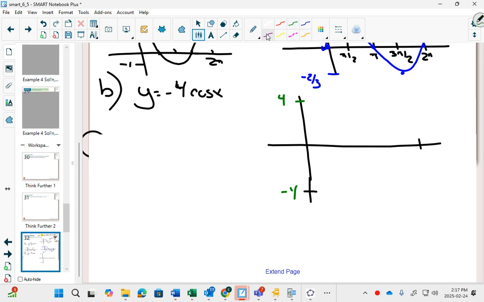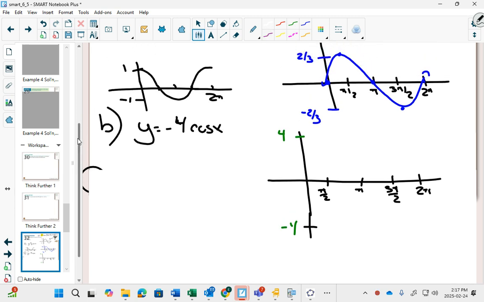Still going to put my period of 2 pi and divide it into 4 equal sections. And a cos graph, you're going to hear me say this often, a cos graph starts at a maximum. So it makes sense that a negative cos graph, because that's a vertical flip, would start at a minimum.